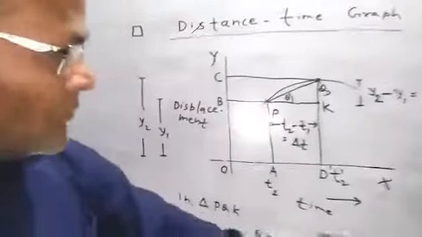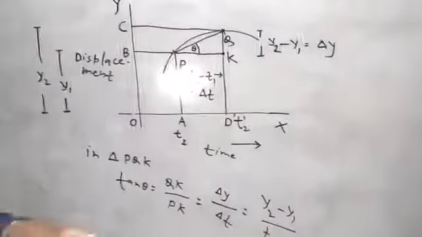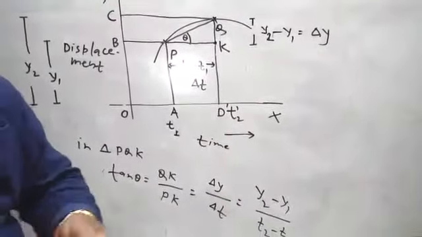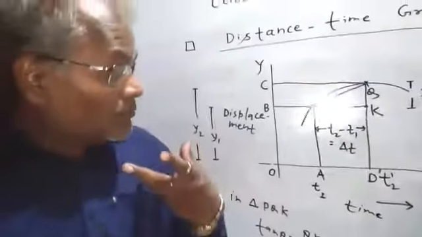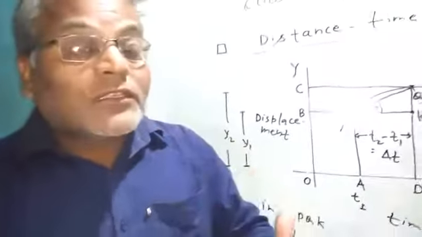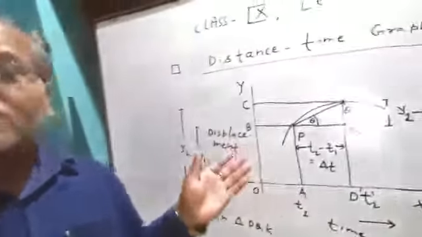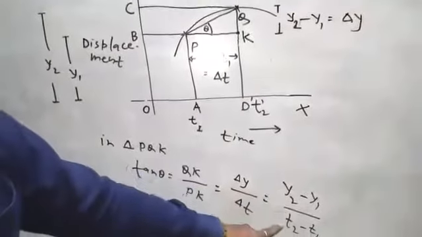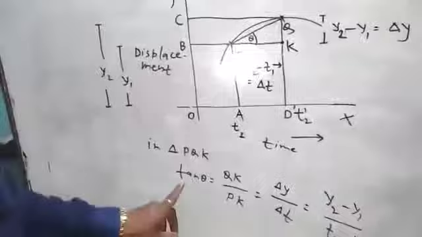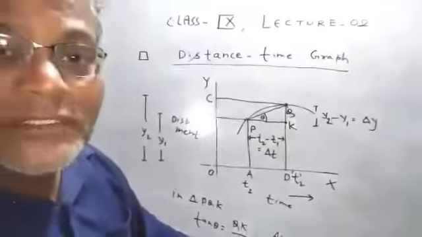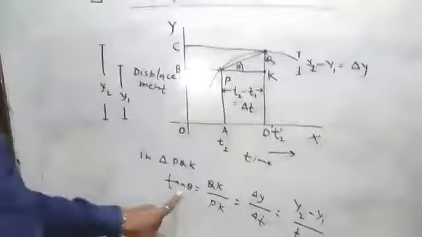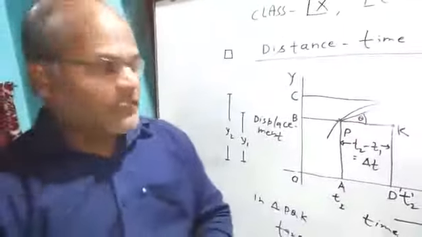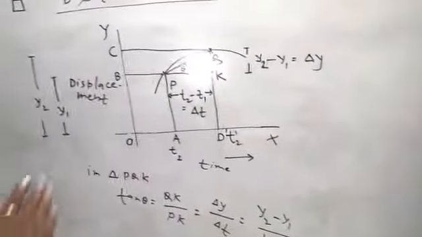Later we will proceed to various competitive examination questions and the procedure to solve numericals related to the position time graph. Because the rate of change of displacement is called velocity, in the displacement time graph tan theta always represents velocity, with y2 minus y1 and t2 minus t1.